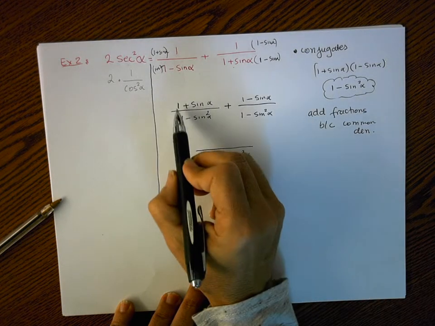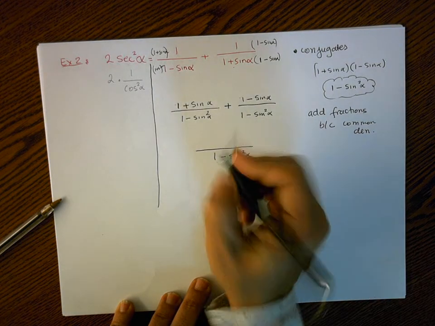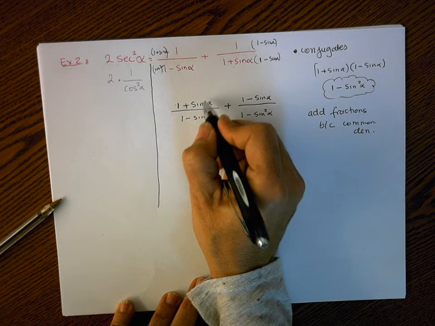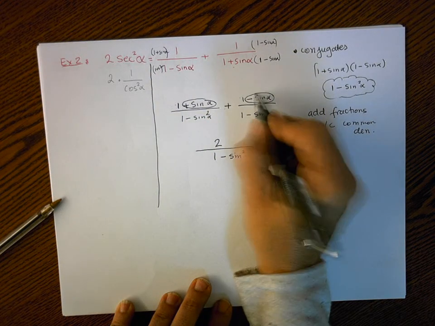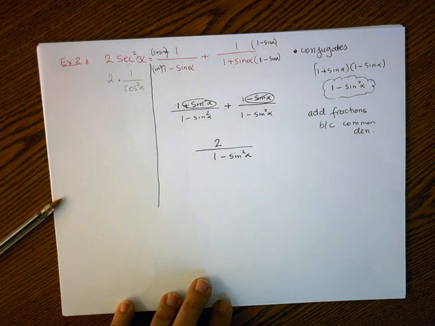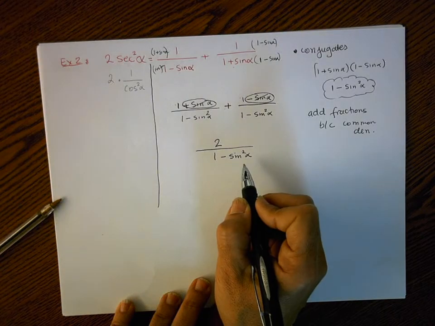So 1 plus 1 is 2, but this positive sine of alpha plus this negative sine of alpha is going to be gone. They add up to 0. So there we go. We have 2 over 1 minus sine squared.